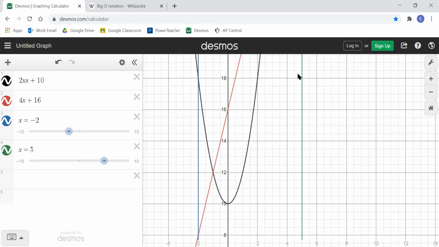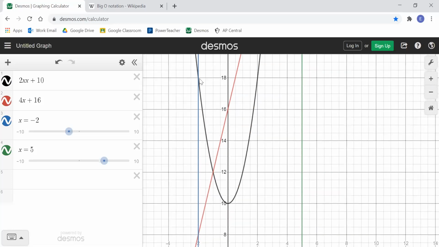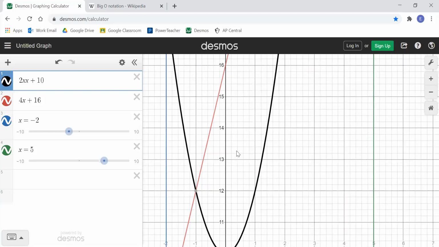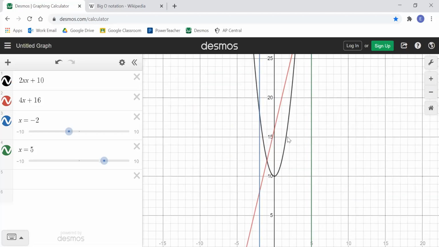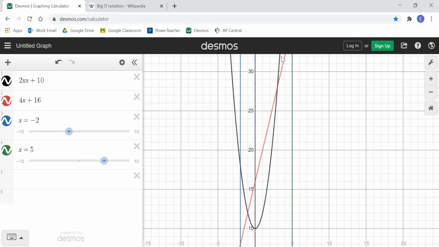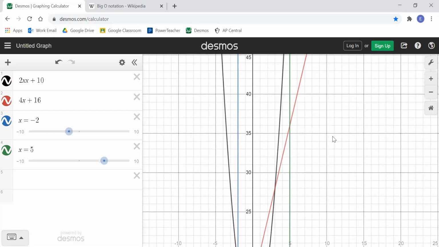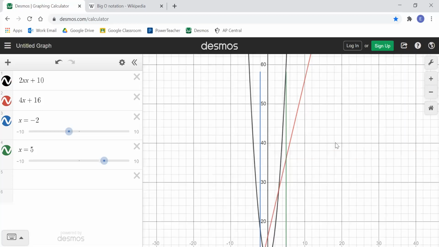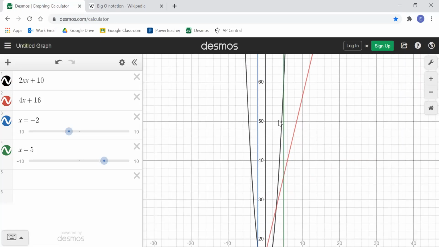There's the region that is bounded with x equals -2 on the left. The top is the parabola and the bottom is the linear function. Then there's the region that just includes the parabola on the bottom and the linear piece on the top. And then there is this other piece up here that includes the parabola on the top, the linear on the bottom, and then to the right is the vertical line.